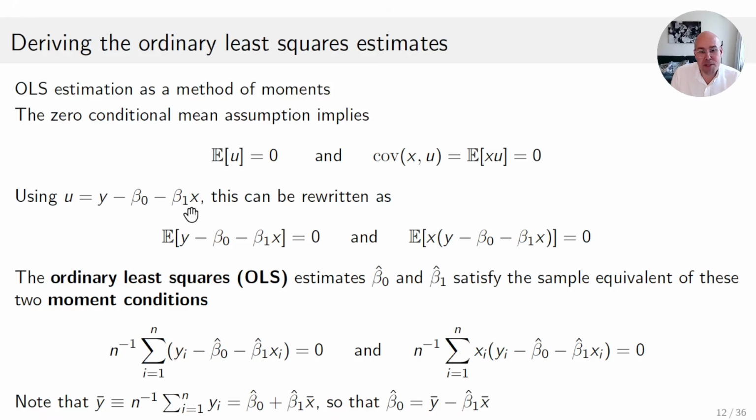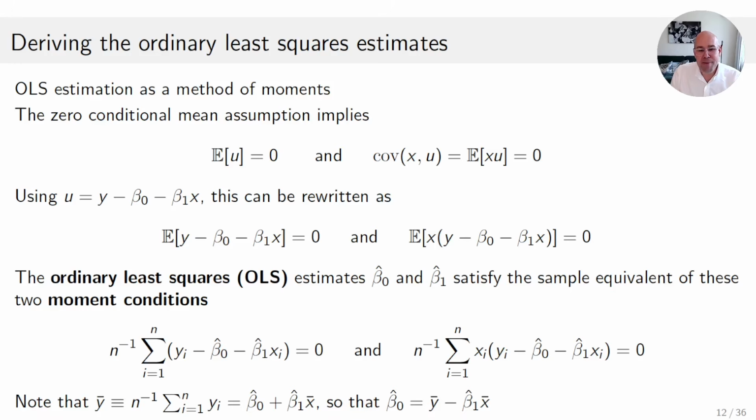And if we substitute that into the expression that the expectation of u is equal to 0, then we get that the expectation of y minus beta naught minus beta 1x is equal to 0. If we take that covariance, which is the expectation of x times u is equal to 0, then we get that the expectation of x times y minus beta naught minus beta 1x is equal to 0.